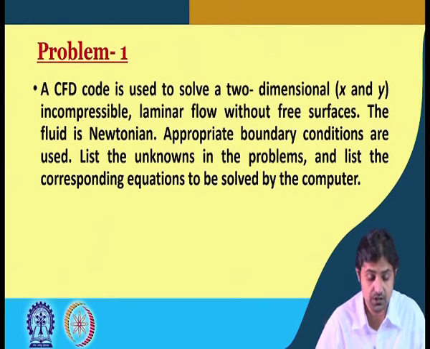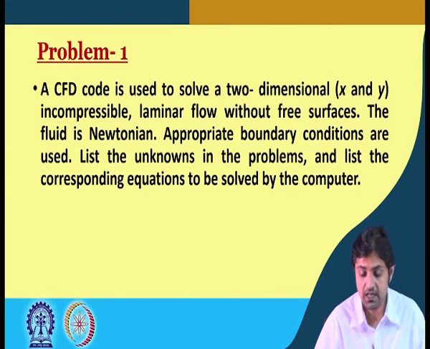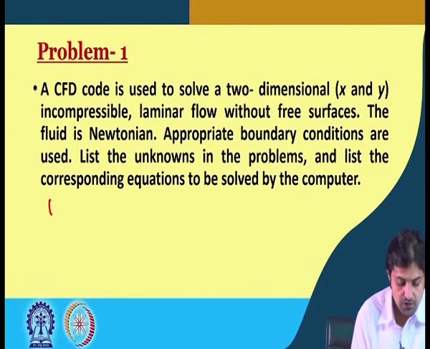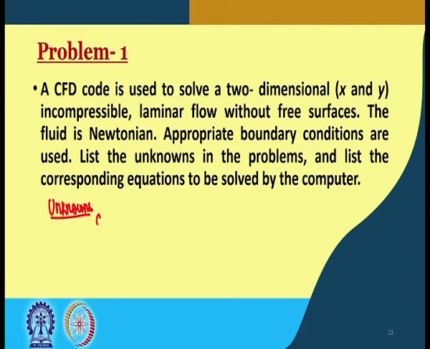So, the question here is to list the unknowns in the problem and then list the corresponding equations to be solved by the computer. The first important information that we have is that it is two dimensional in nature, correct. So the unknowns, you can start guessing the unknowns.